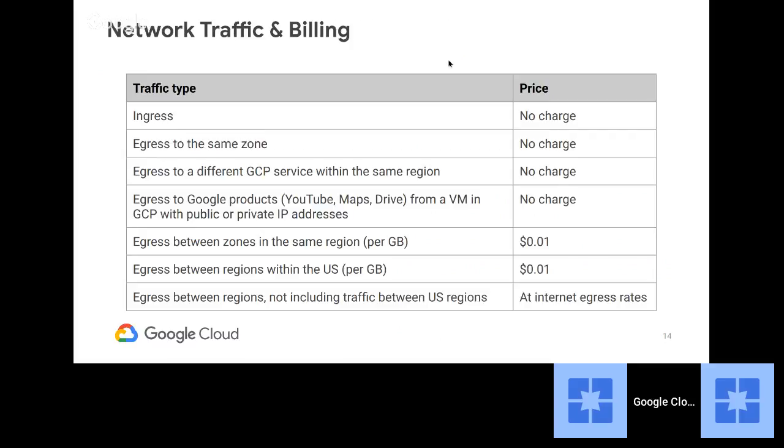From a traffic perspective, you just need to know this. There's a diagram on the next slide which illustrates this easily: for ingress, there are no charges. However, when you're talking about egress, anything that transits over the public internet, you're effectively paying, plus the traffic between regions in the same zone.